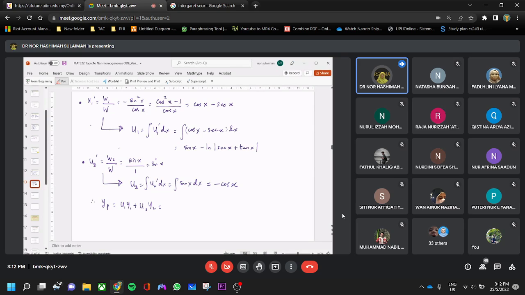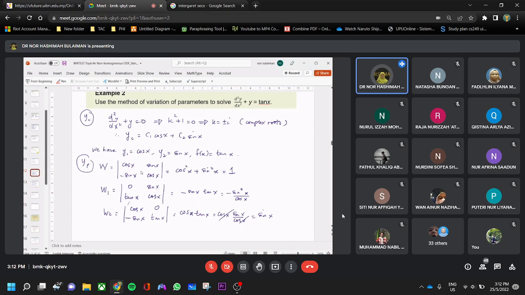So what is U1? U1 is, you put everything in the bracket pun boleh, tak ada masalah. Sin x minus log secant x plus tangent x. Alright, and then multiply with Y1. What is Y1 just now?